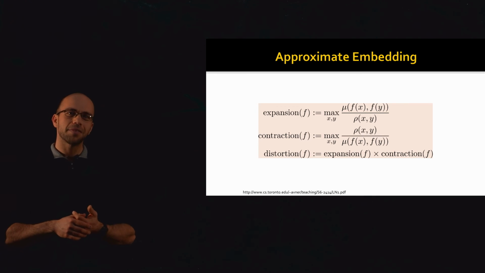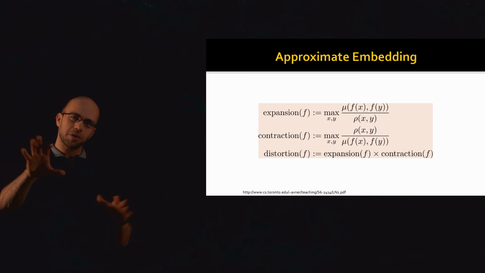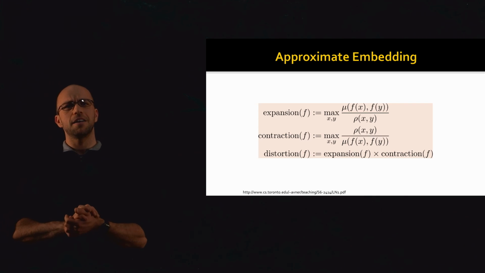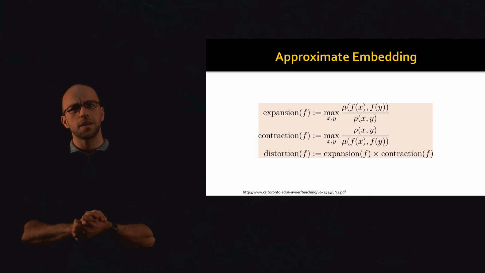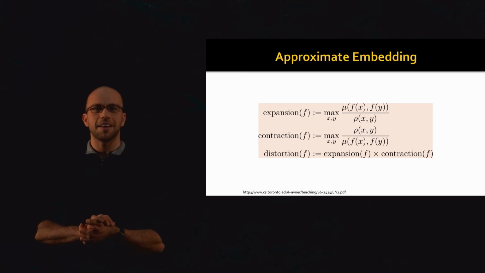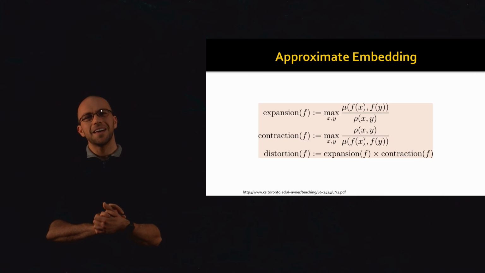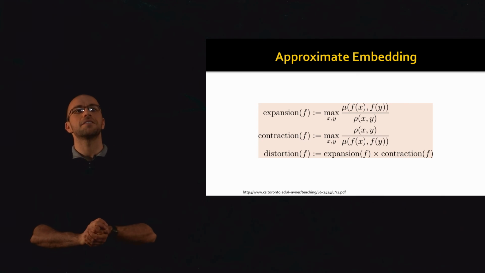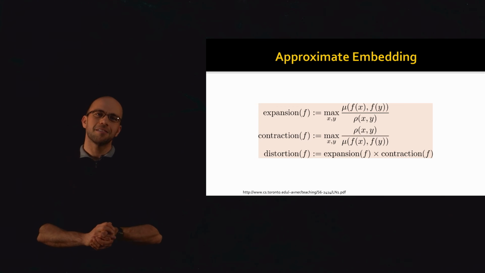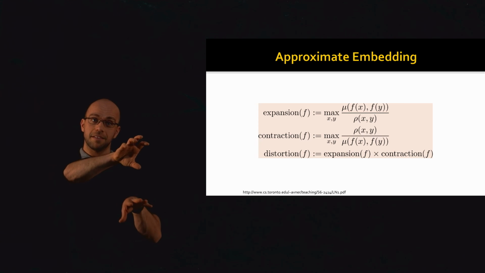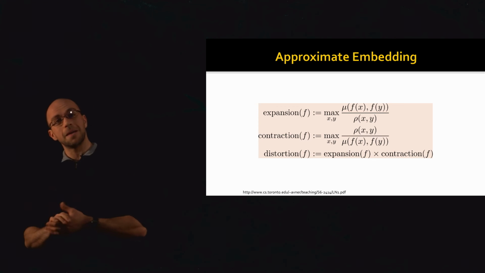So let's say that I have a function f from one metric space into another, and I want to know if it's a good embedding or not of metric structure. So one thing I might do is take mu and rho to be the distance metrics on the two spaces, and I could measure the three things that I've written on the slide here. So the expansion is looking at the ratio of distances in the target space to distances in the source space and taking the max one, right?